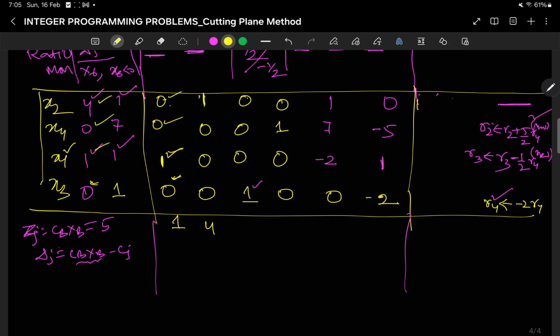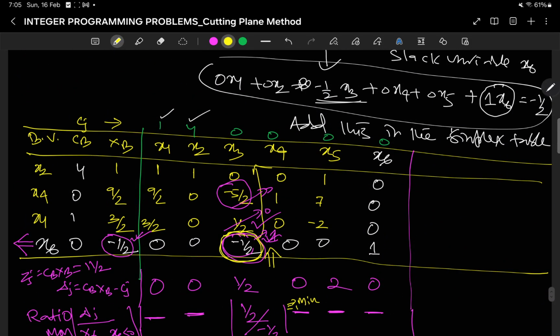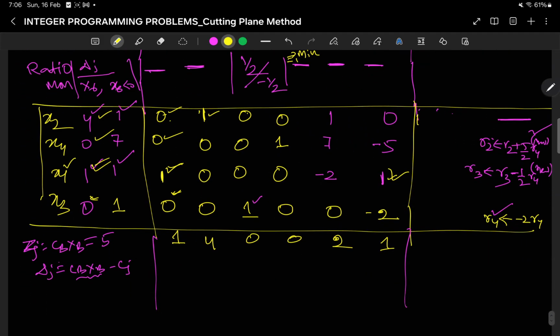Accordingly this is my 4 here, and it is my 0, 0, 2, and this will be my 0 minus 5, it is 1, this into this only. Okay, now here we subtract cj, and after subtraction it will be 0, 0, 0, 0, 2, 1.